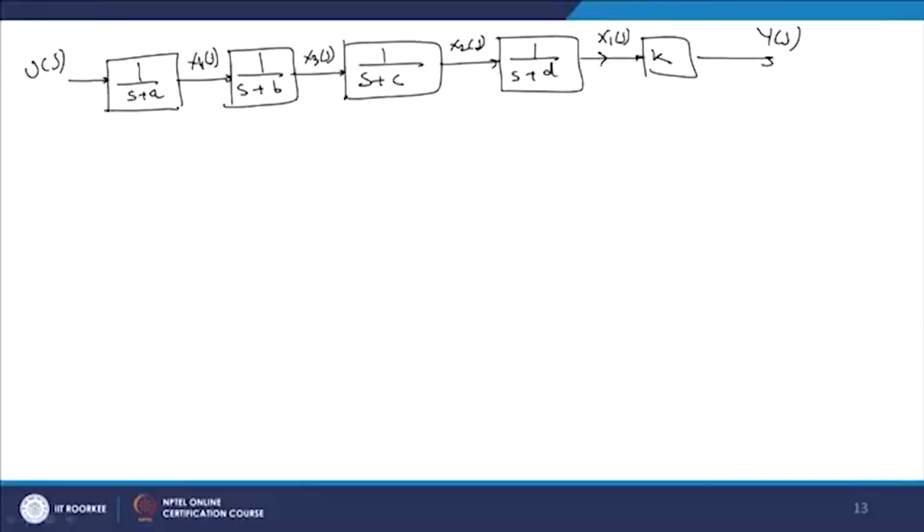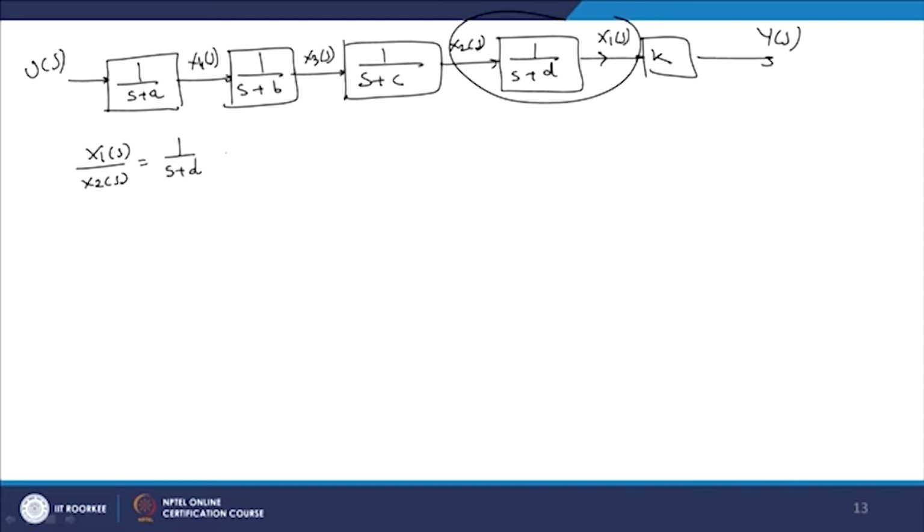Now we have to solve it. How to solve it? We write this block as x1(s) divided by x2(s) equal to 1 upon s plus d.